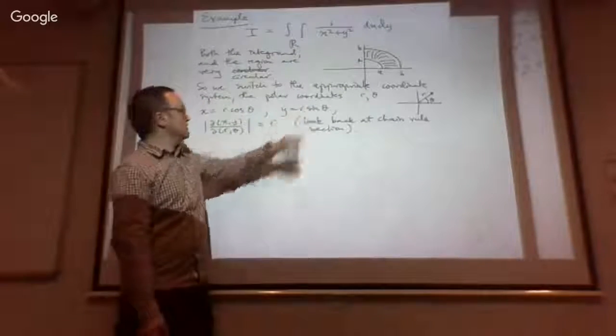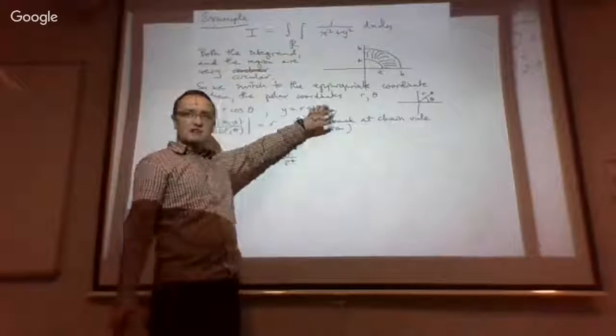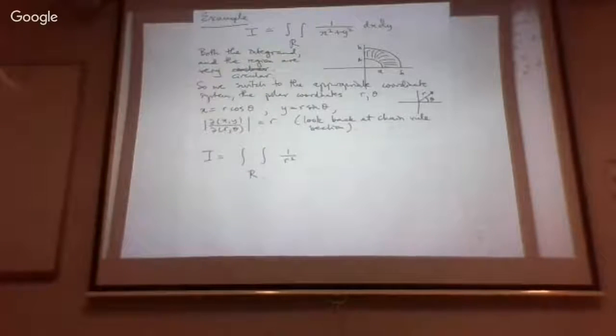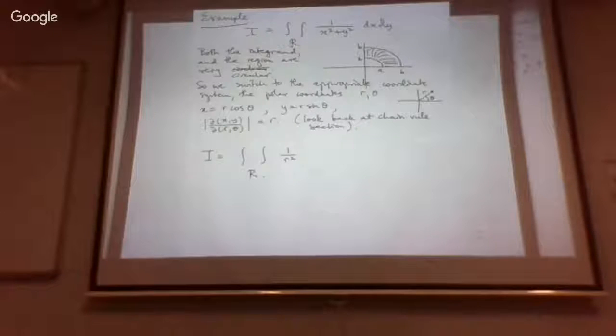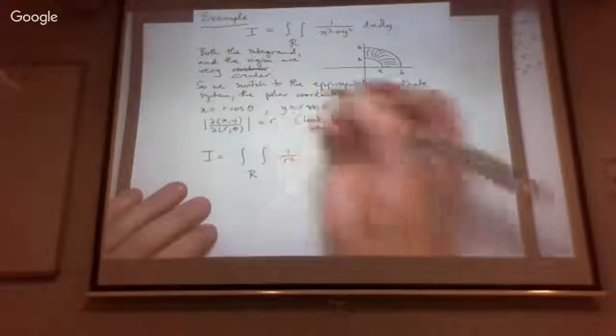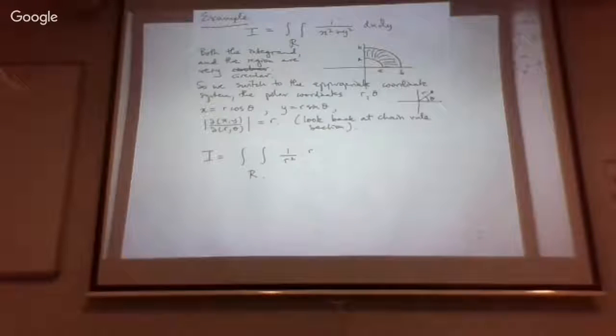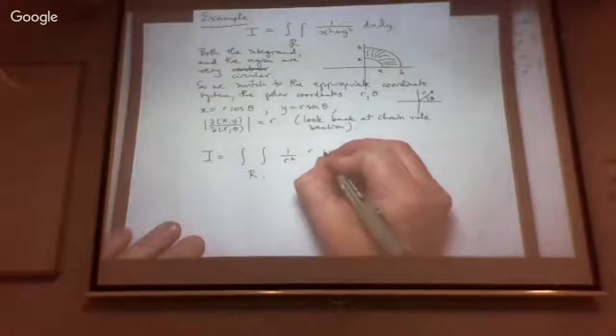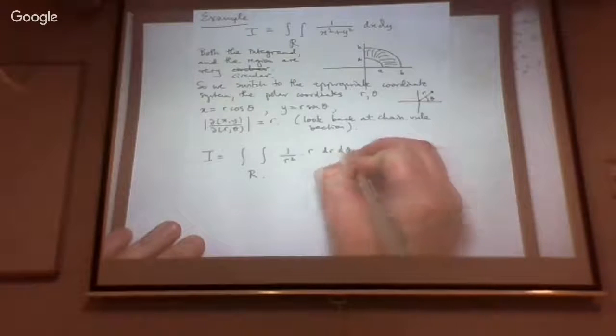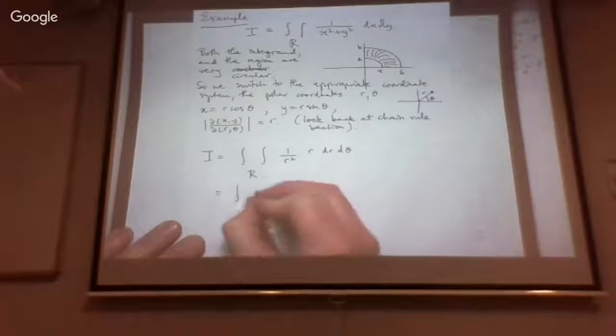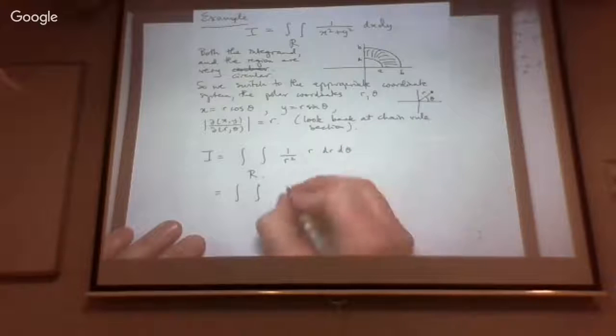So there's r squared in both, and then it's cosine squared plus sine squared. Cosine squared plus sine squared is 1, of course, so it simplifies to r squared. We multiply by the absolute value of the Jacobian. So we multiply by the quantity r. Remember, r is a radial length, so it's always non-negative. We don't need absolute value signs around it. And then dr dtheta. So a couple of things happen. Firstly, the integrand simplifies to 1 over r.